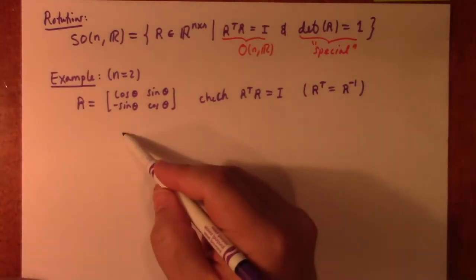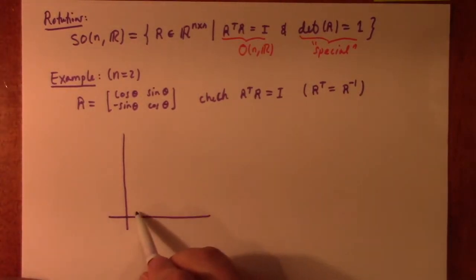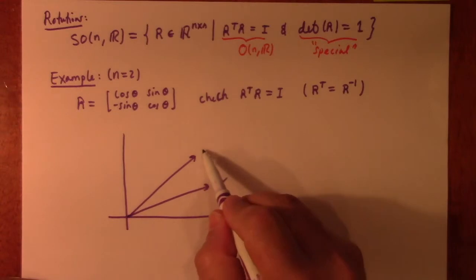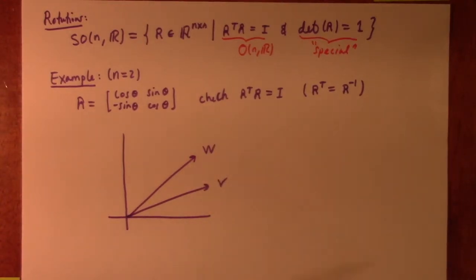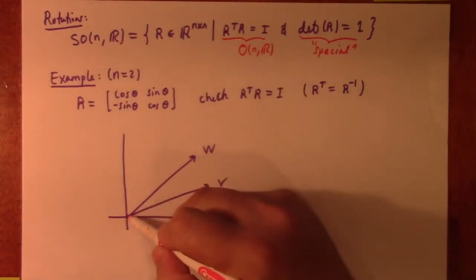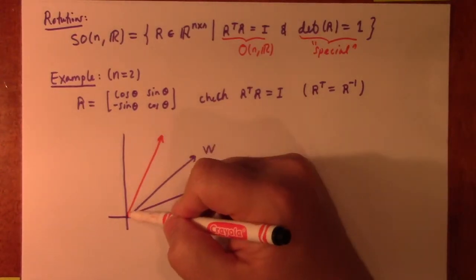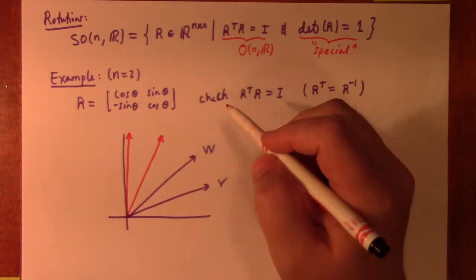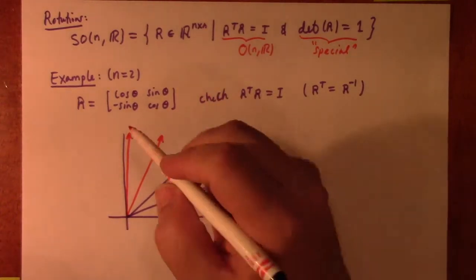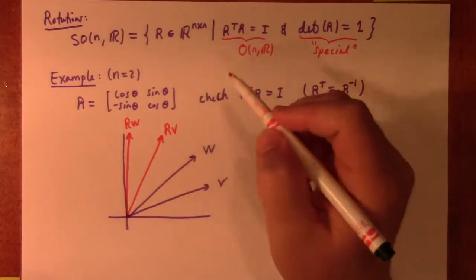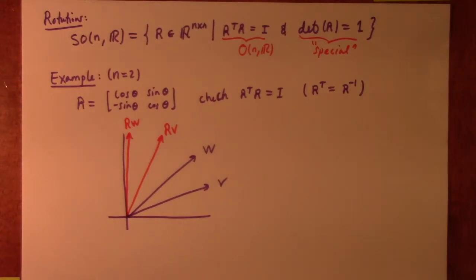Now, why are these rotations, geometrically? If you have a vector v and another vector w, what happens when you rotate v and w? If we rotate v over here, and w over here, to the best of my artistic limits, and we call these Rv and Rw, well, geometrically, that should motivate this definition.